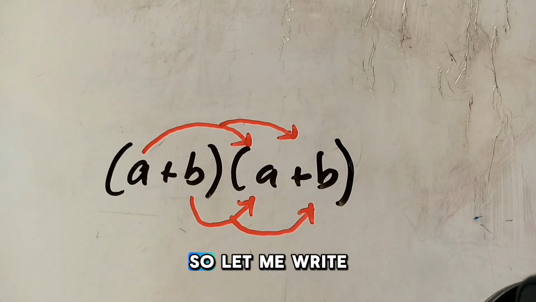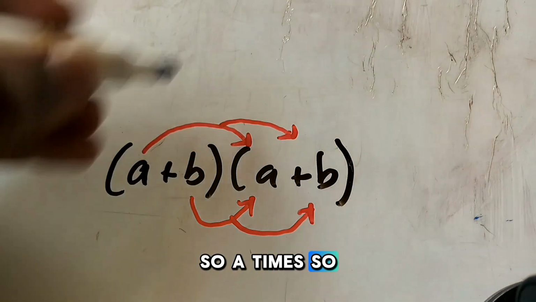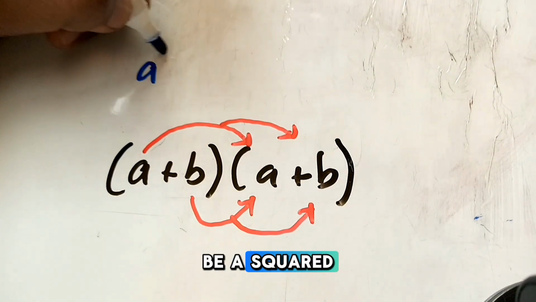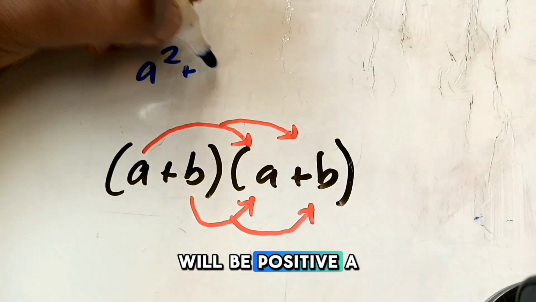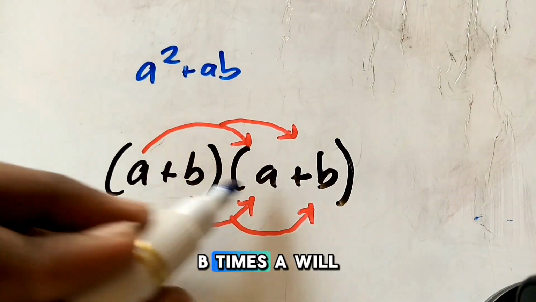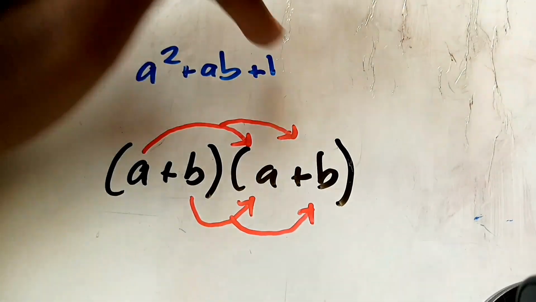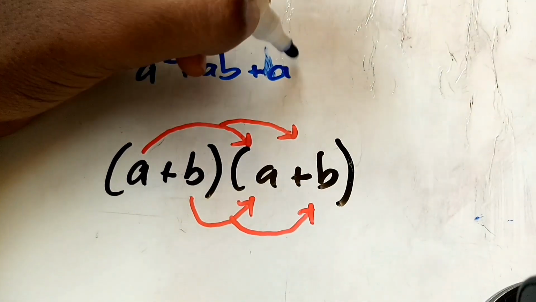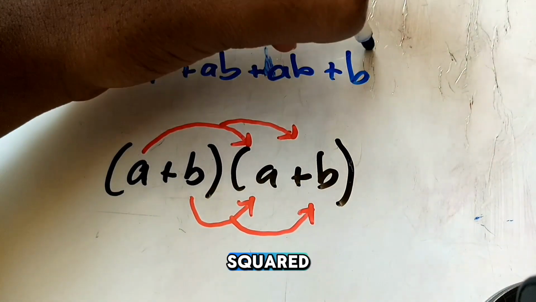So let me write it on top here. So a times a will be a squared. A times positive b will be positive ab. B times a will be positive, let's say ab. And b times b will be positive b squared.